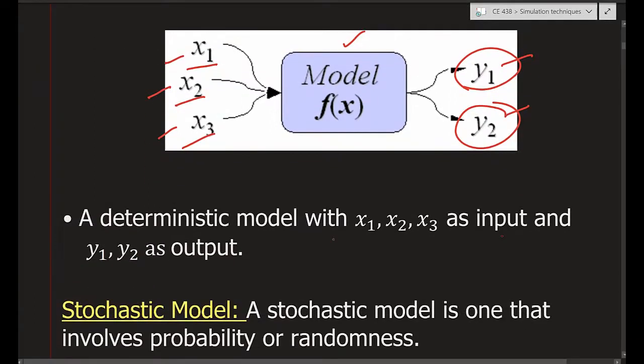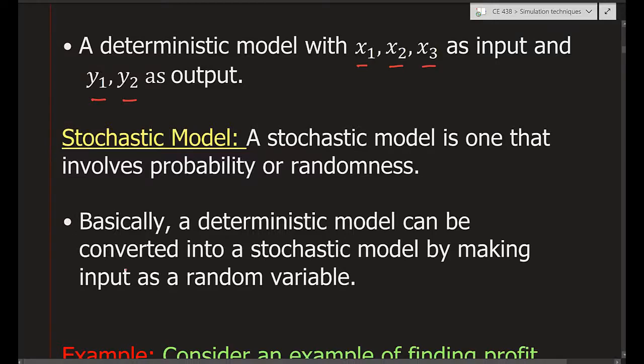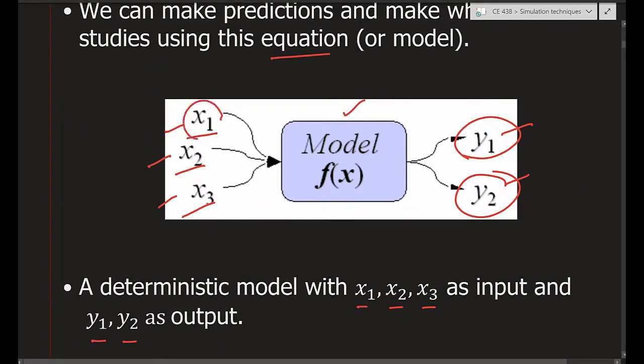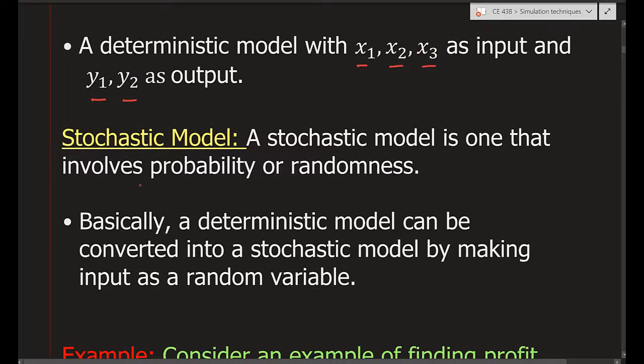In this case we have a deterministic model with x1, x2, x3 as input and y1, y2 as the output. Now let us come to the stochastic model. If I make the input of a deterministic model a random variable, then my model becomes a stochastic model. A stochastic model is one that involves probability or randomness.